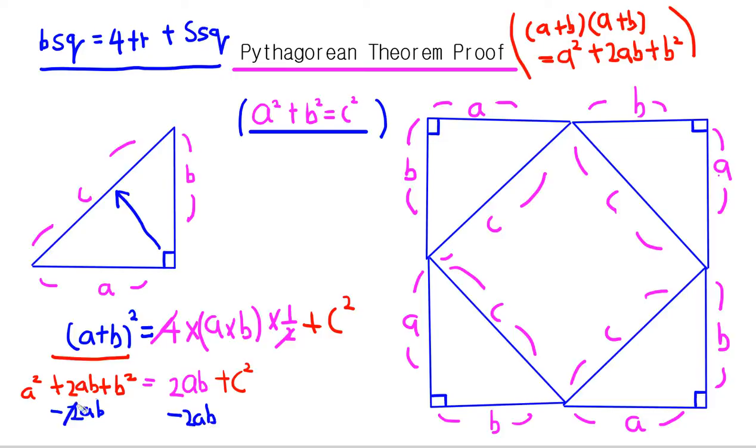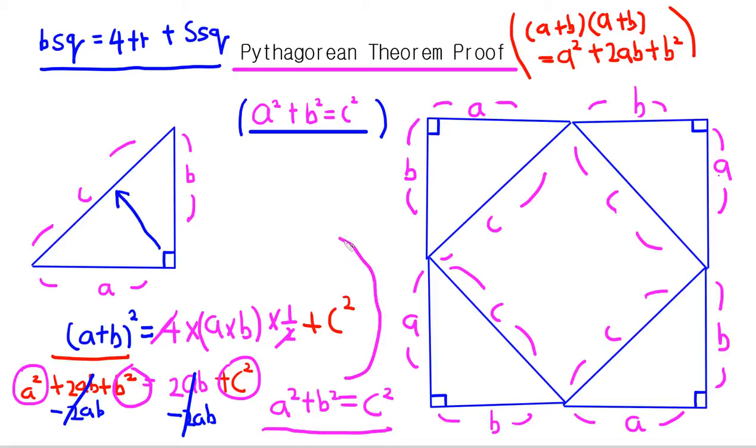The 2ab cancels out, and finally we get a squared plus b squared equals c squared. We came back to our original Pythagorean theorem. So this was the proof of the Pythagorean theorem in a general way, and we finally got the answer that a squared plus b squared equals c squared.